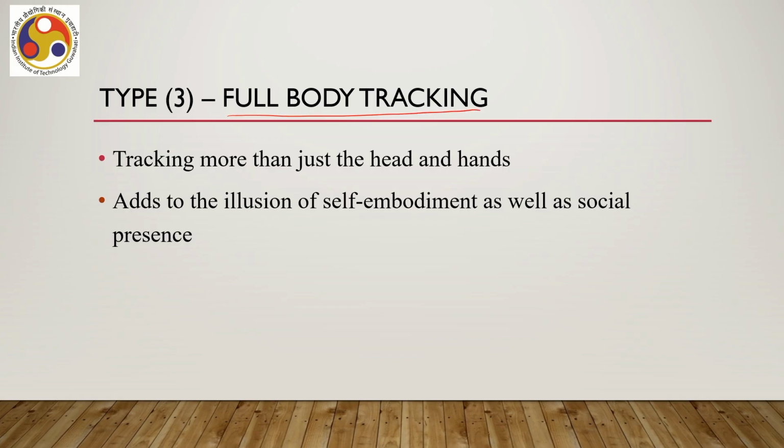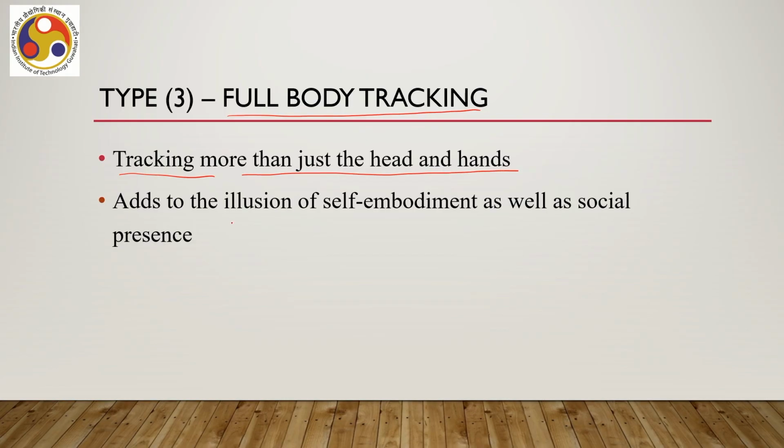Here the devices track more than just the head and hands. Earlier we tracked some parts of the body, head, hands and eye. In full body tracking we track more than that. It adds to the illusion of self embodiment as well as social presence.